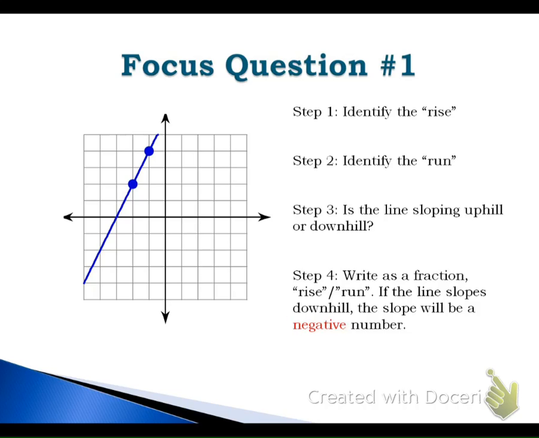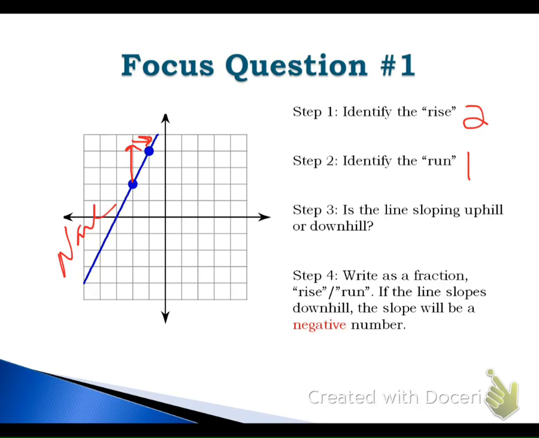We do this in 3 steps. Identify the rise. Remember, you need to start with your left-hand point, so our rise is 2. Identify your run, which is 1. Is the slope of the line going uphill or downhill? Well, if we write our name on the line, and also if you start with your left-hand point and you're going to your right-hand point, you should always have the right sign here.